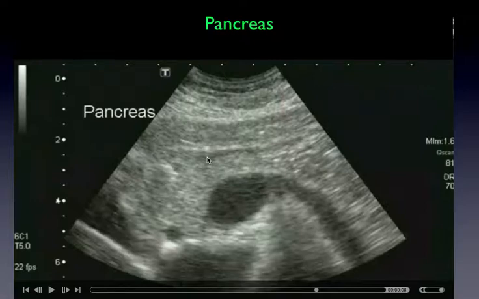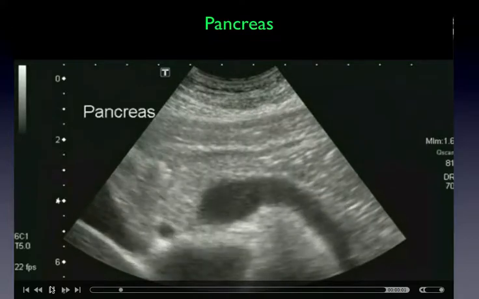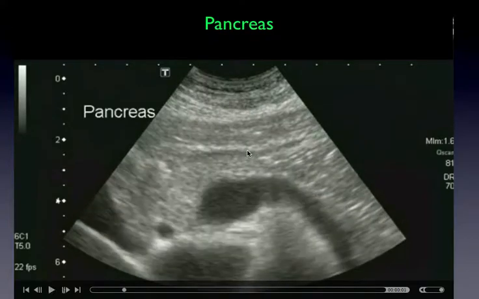Why? Because if you look at the margins of the pancreas, it seems to come across here, and then it comes down over here. So this is outside the plane of the pancreas. How is this duct going this way when the pancreas, we know, slides down this way? And then if we go back again over here and take a look, this comes out of the plane of the pancreas over here.